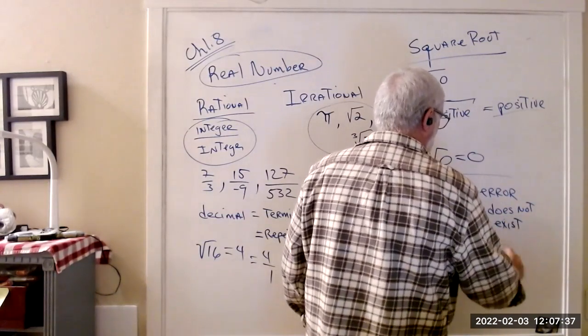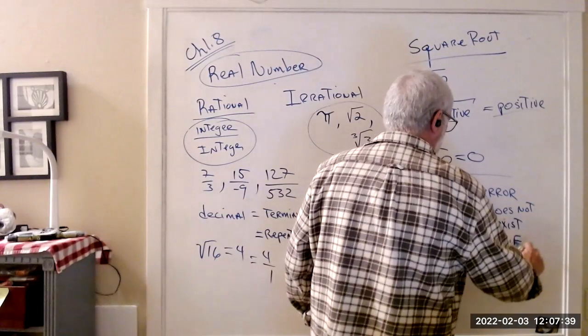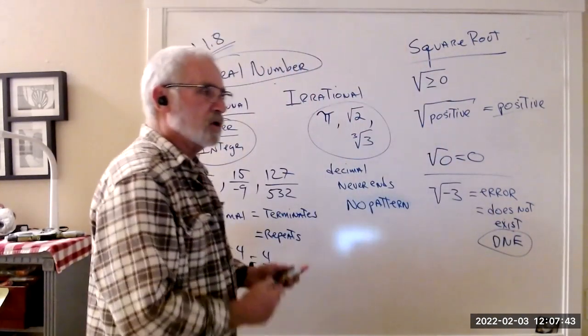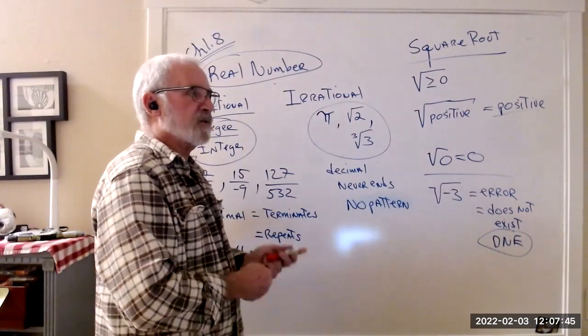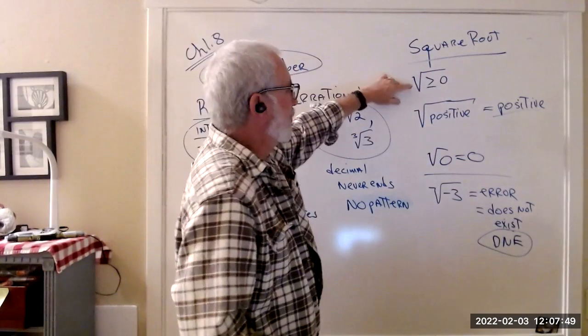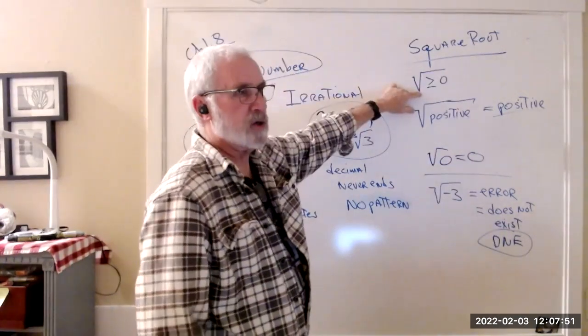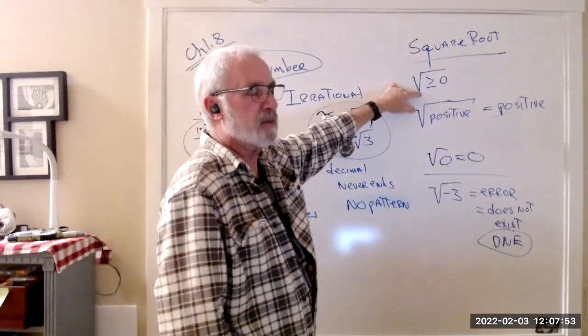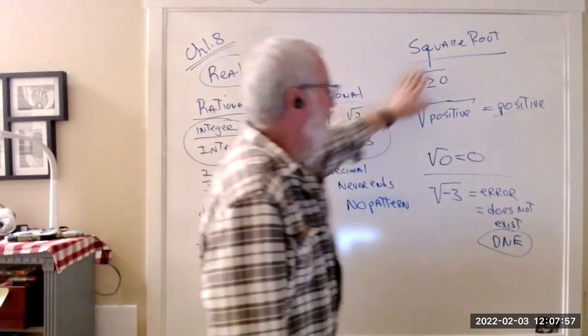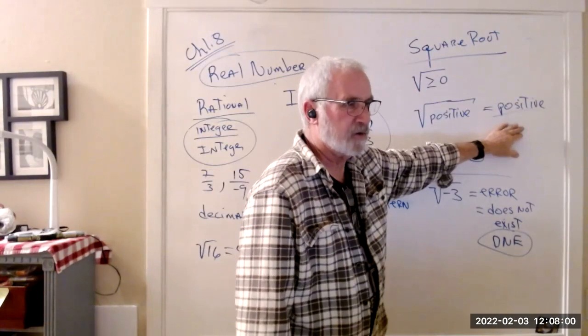DNE, I think, is the abbreviation Mom lets you use. So this is a fundamental rule for square roots. The inside of a square root has to be a positive number or 0. The answer is always positive in a square root.